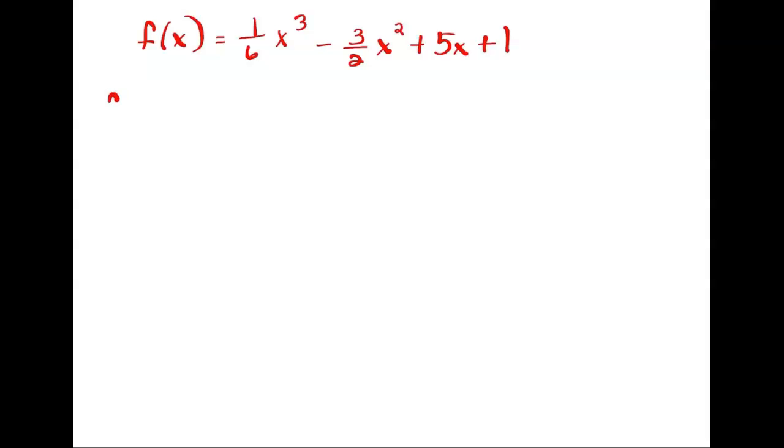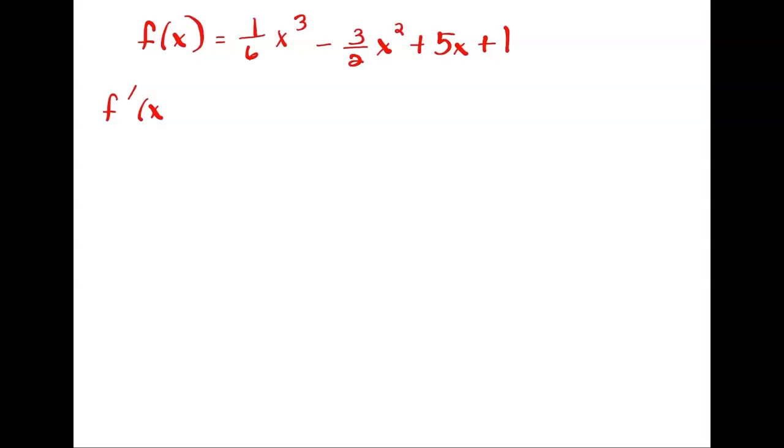One more example where we use the first and second derivative test to graph a function. This function is one that has no critical points, so let's take a look. Let's say we have f of x equals 1/6 x cubed minus 3/2 x squared plus 5x plus 1.